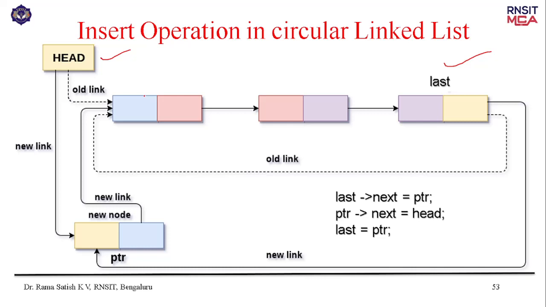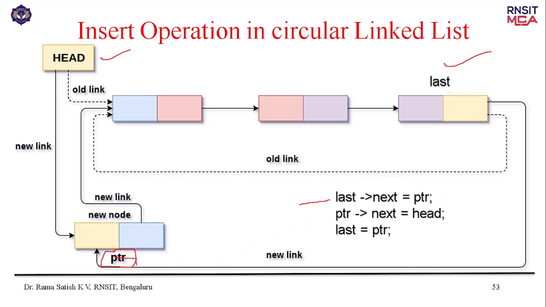Now, what happens if you want to insert a new element? This is a new pointer, that is PTR. You observe this first line: the last pointer's next link, you make it PTR.